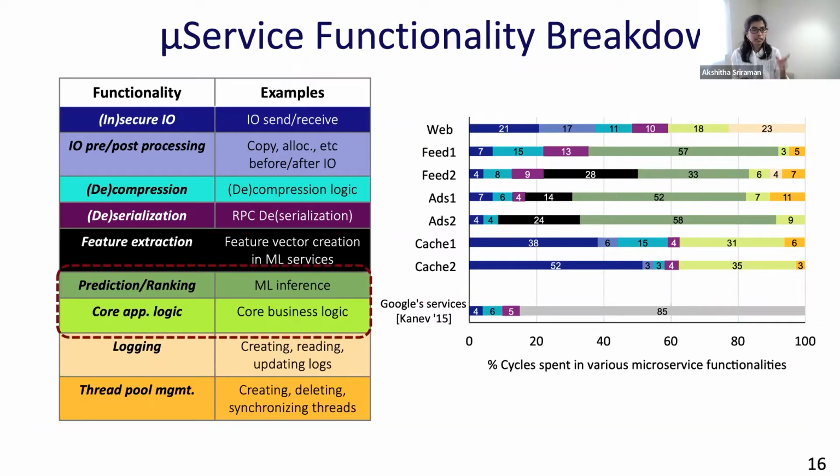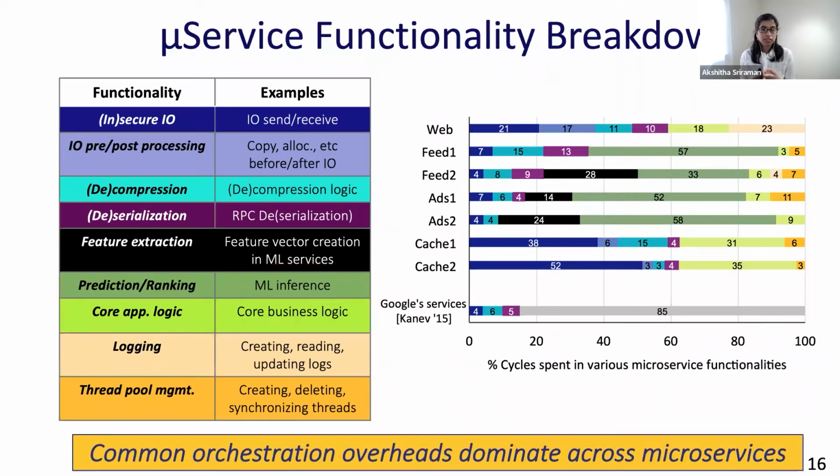Note that the prediction and ranking that I've included here is to be considered as a part of the core application logic, but I wanted to draw out the differences because I just talked about this machine learning inference accelerator. Now, the first important observation we make is that not only do these microservices have high orchestration overheads, but the orchestration overhead is actually common across microservices.